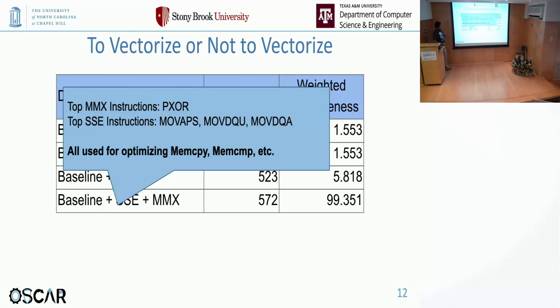And the reason that the jump is so steep is because the top instructions by importance in both these extensions are used by the libc to optimize memcopy and memcompare operations, and that's why they're so ubiquitous.